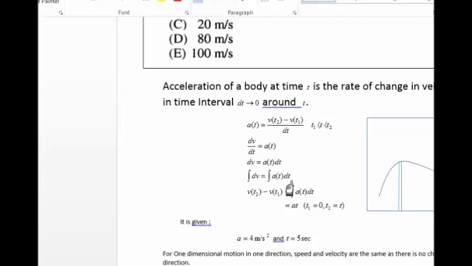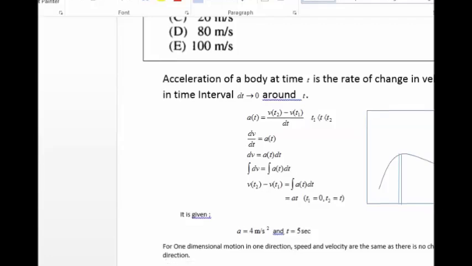The change in velocity is nothing but the integral of a(t) dt, where a(t) is the acceleration, which is a function of time. But in case of uniform acceleration, this becomes a constant a, then the change in velocity is at. That's what we have used in the above problem to find the speed of the vehicle after 5 seconds. So the answer is C.